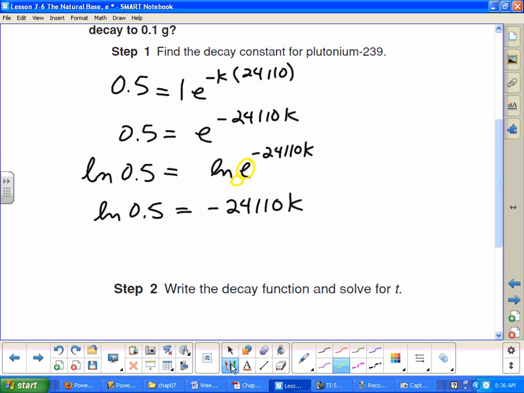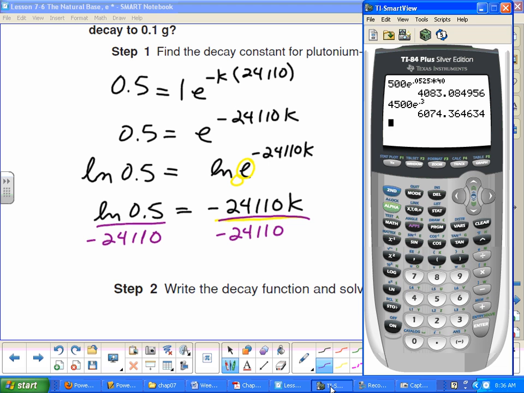To find this answer, we just divide both sides by negative 24,110. And we're going to get a really small number.